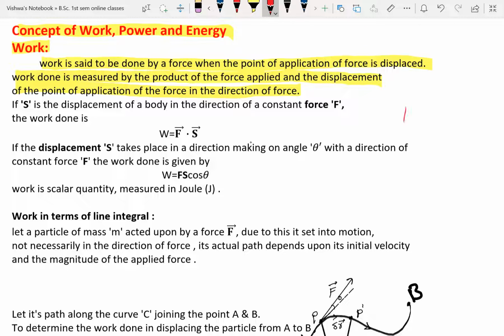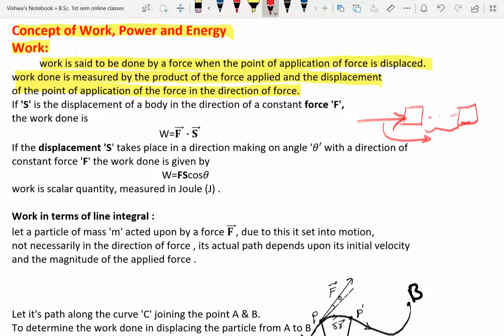Suppose there is an object. Now this object is influenced by some kind of force, and the object is going to be displaced. Due to this displacement and the force, the work is said to be done.